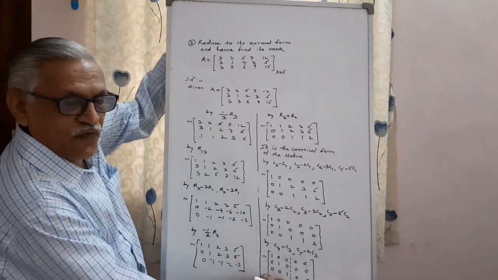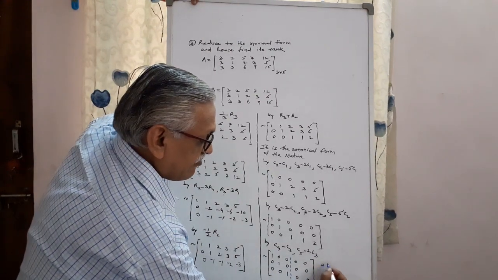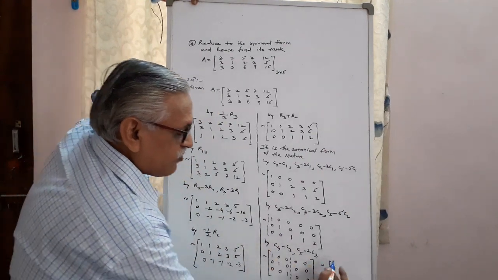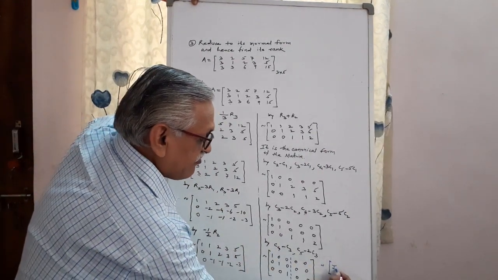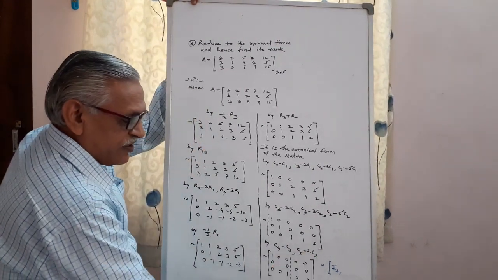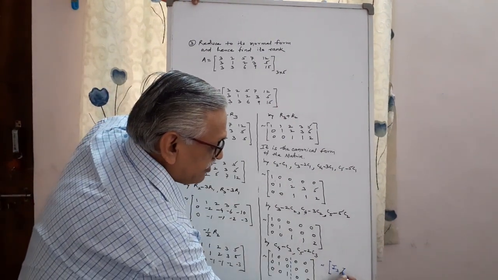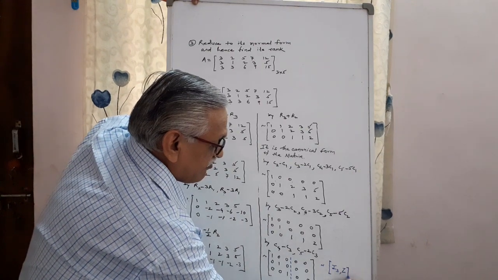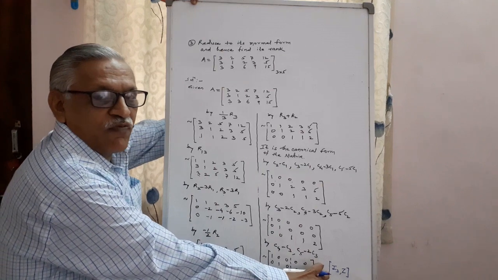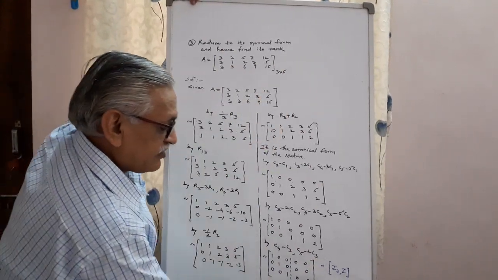This is the normal form, and in symbolic form we get the identity matrix of order 3, that is I3, and in front of it a 0 matrix. Therefore, this is the required normal form, and hence we find its rank.